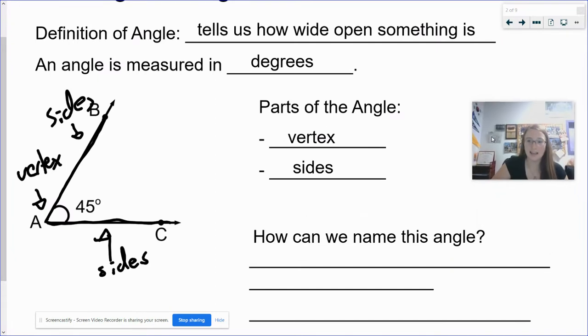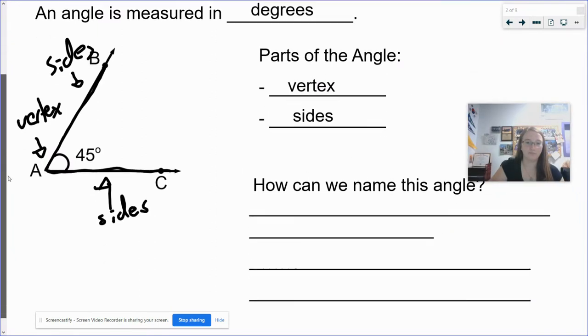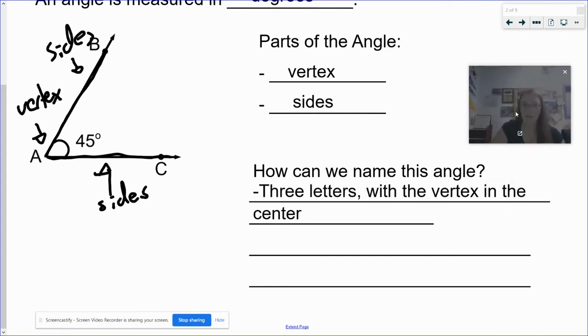Now, we can name an angle in several different ways. The first way is 3 letters with the vertex at the center. Because anytime I name something, you have to be able to tell somebody that name and for them to look at the picture and know exactly what you're talking about. We'll talk more later about why it is super important you have the vertex in the center.